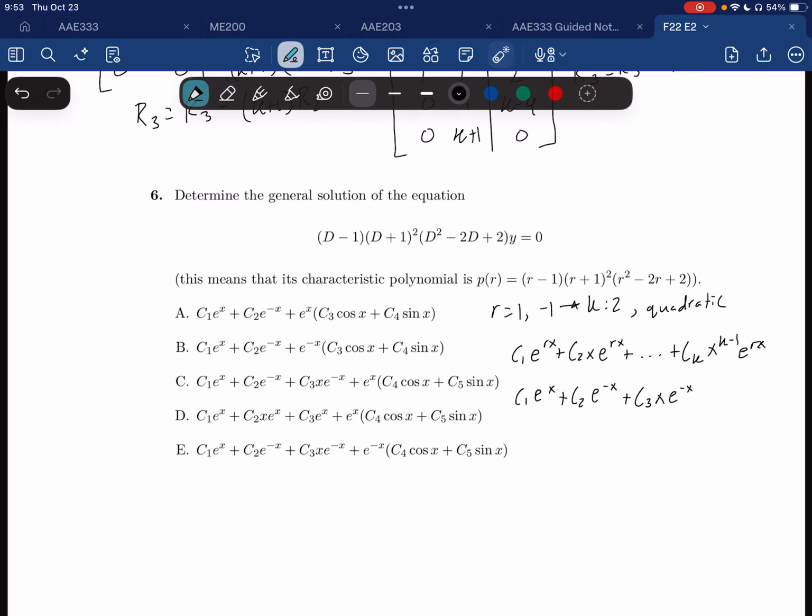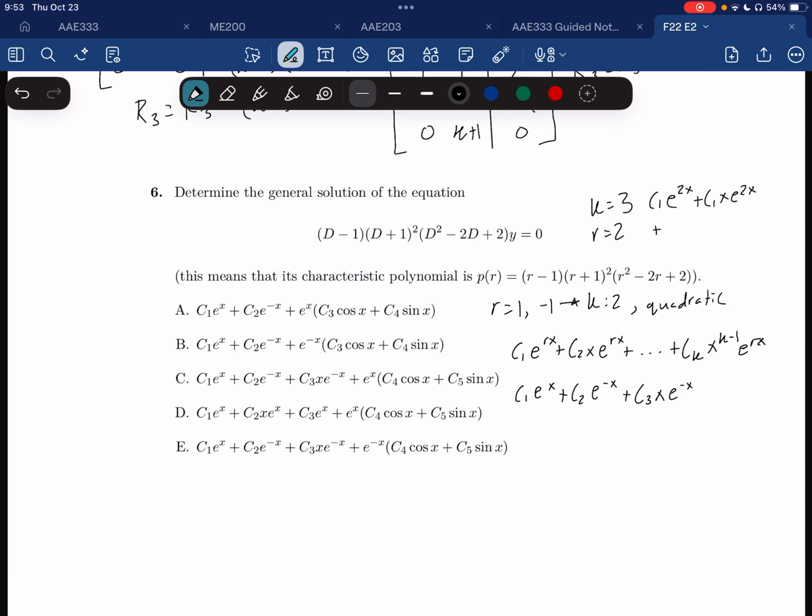So for example, let's say I had some solution with a multiplicity of 3, and let's say the root was 2. It would be c1 e to the 2x plus c2 x e to the 2x plus c3 x squared e to the 2x.